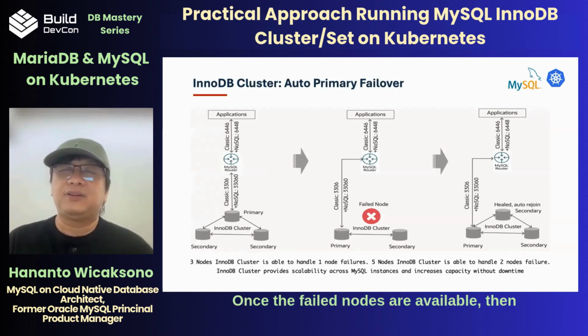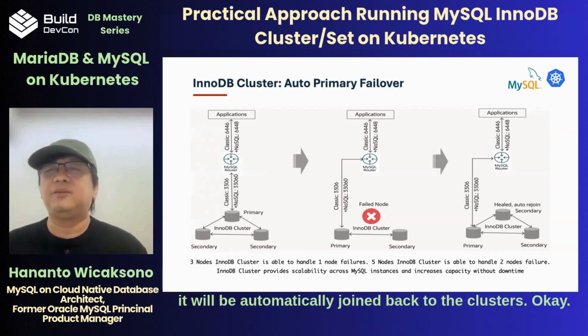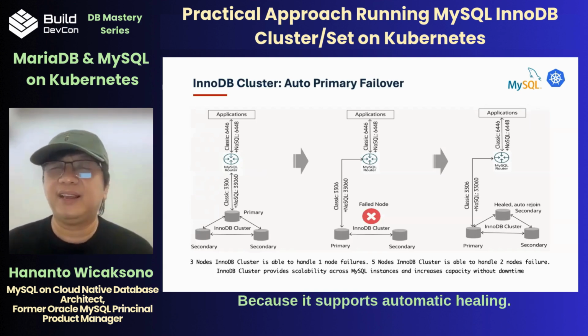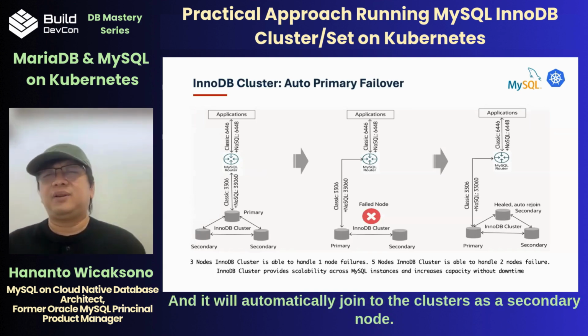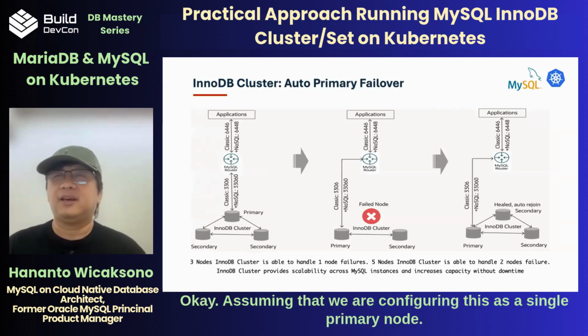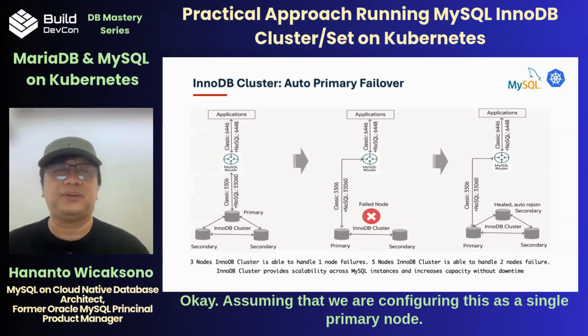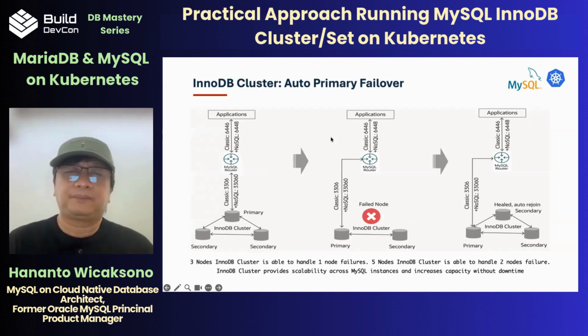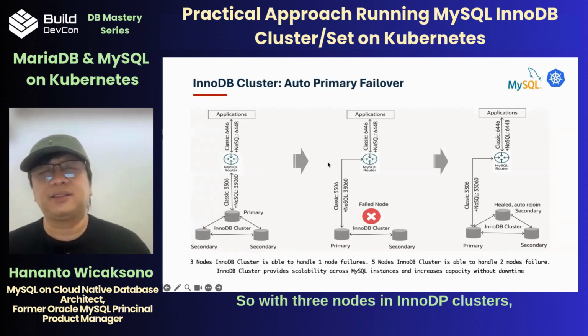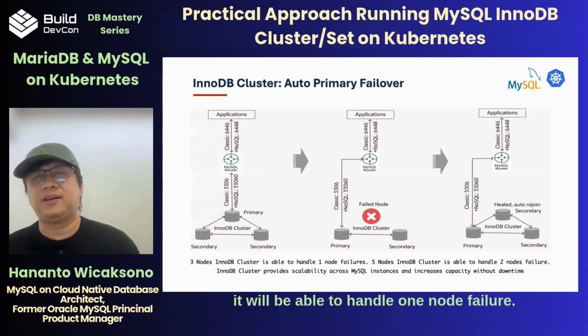Once the failed node is available, it will automatically join back to the cluster, because it supports automatic healing, and it will join as a secondary node, assuming that we are configuring this as a single primary. So a 3-node InnoDB cluster will be able to handle 1-node failure.